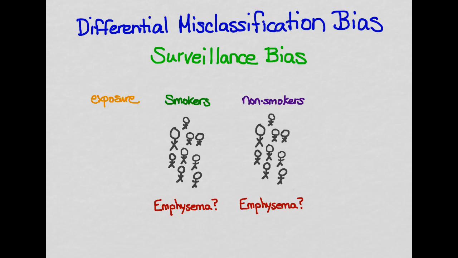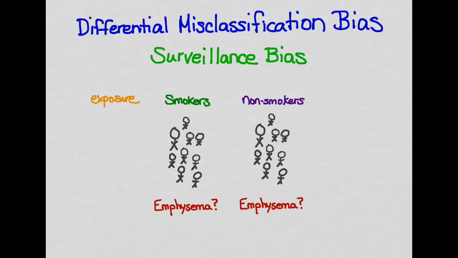So our exposed group are smokers, and non-exposed, obviously, are non-smokers. And what happens is that because physicians know that smoking may result in emphysema, for smokers they may be more likely to test for emphysema than in non-smokers, and therefore you might be more likely to misclassify non-smokers as not having emphysema simply because it wasn't detected.